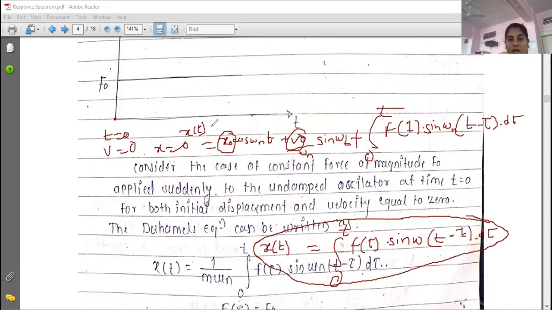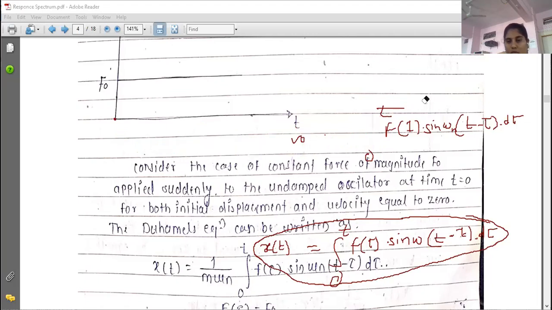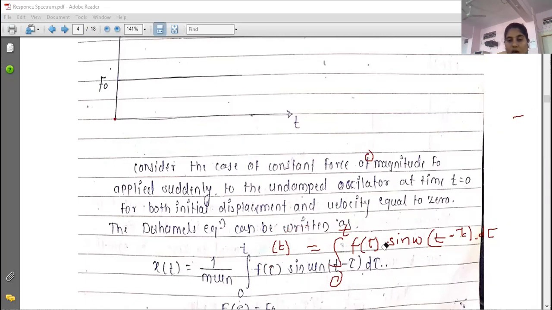I will erase this part and I will show you. I hope all of you understood how to apply this boundary condition. At time t is equal to 0, the velocity is 0 and the displacement is also 0.